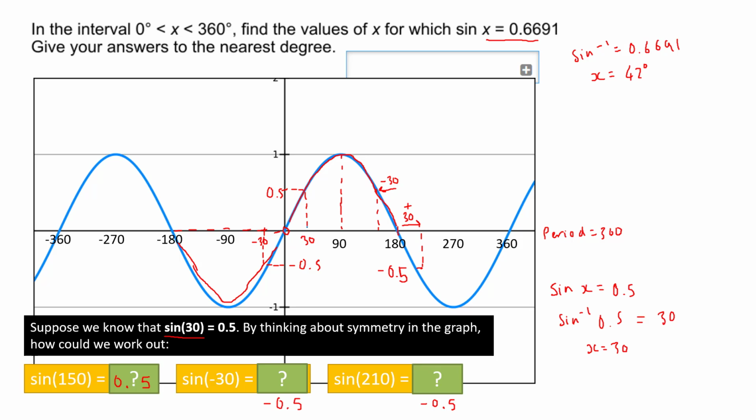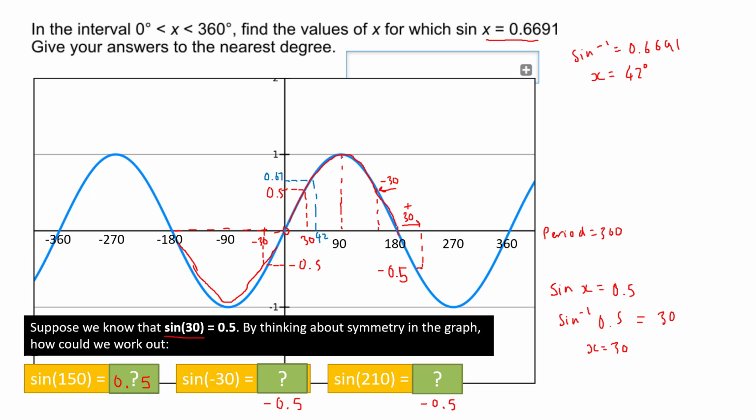Now, I'm just going to say 42 degrees is approximately here. That's 42. So this point is the 0.6691. I'm just going to call that 0.67 for now, just to round it up.